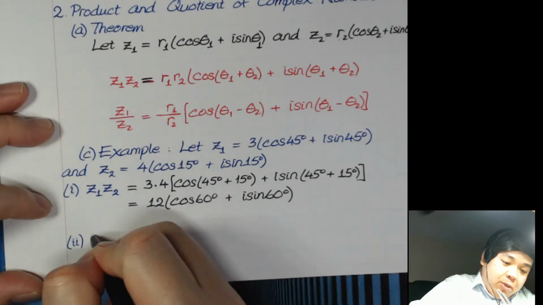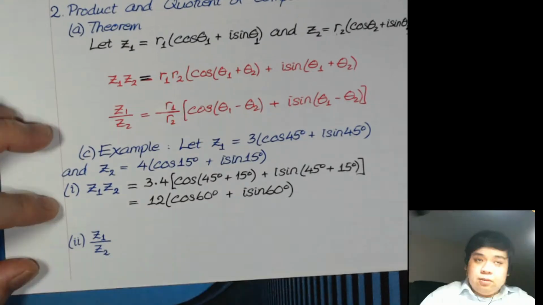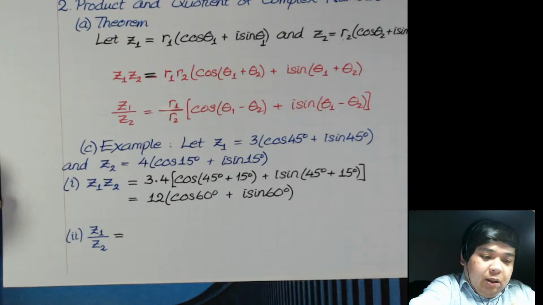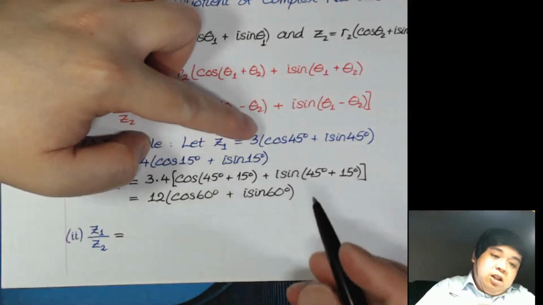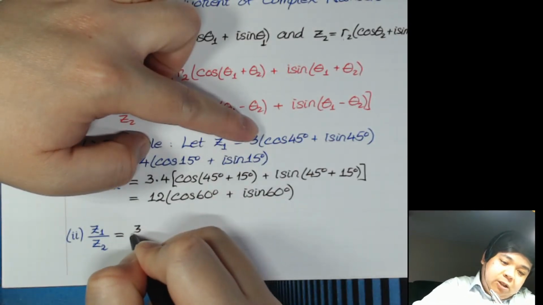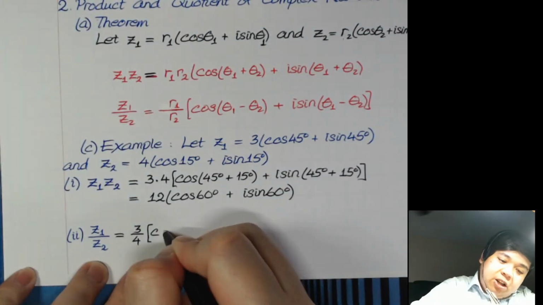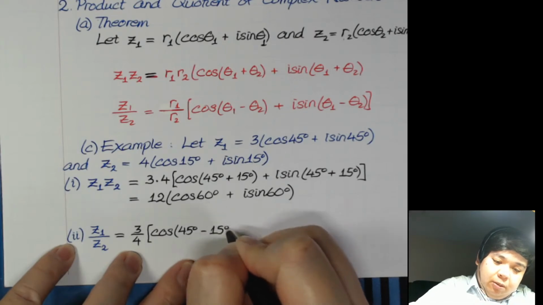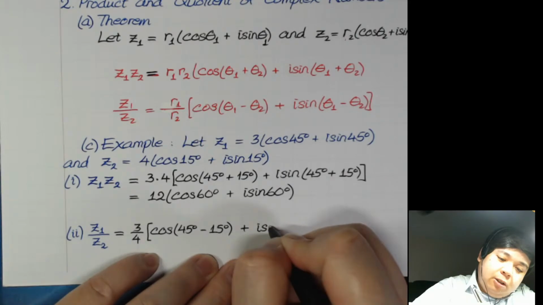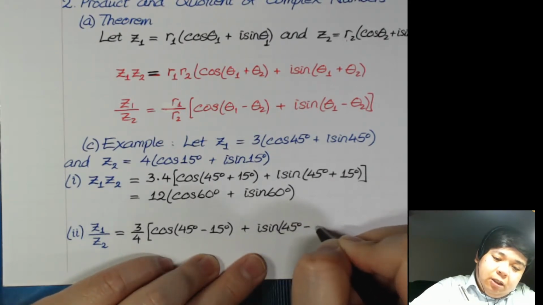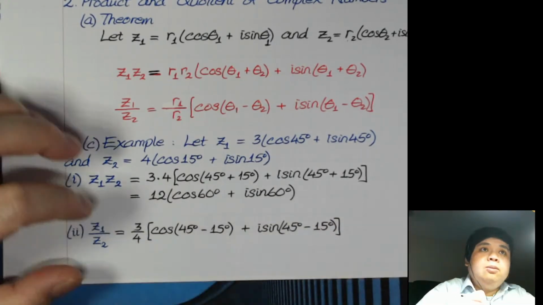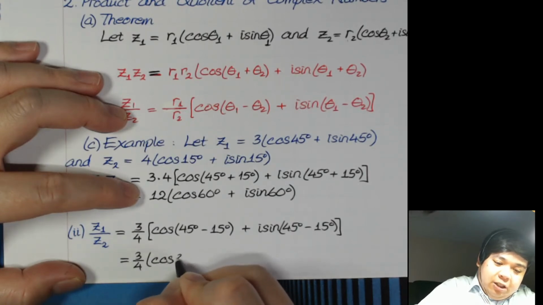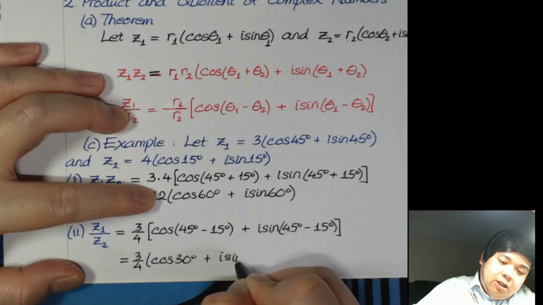What happens when we divide? When we divide complex numbers, then we just divide the modulo, 3 divided by 4, and then we subtract the argument. 45 minus 15, I sine of... 45 minus 15 is cosine 30 degrees, I sine of 30 degrees.